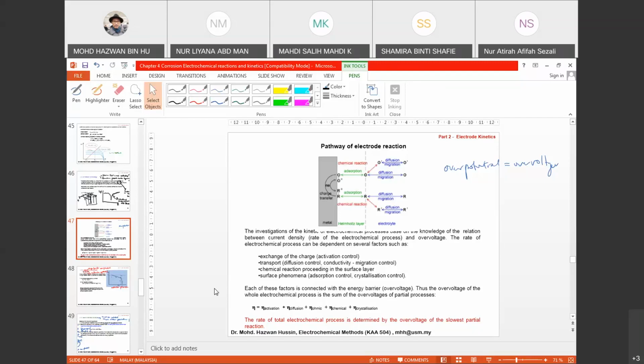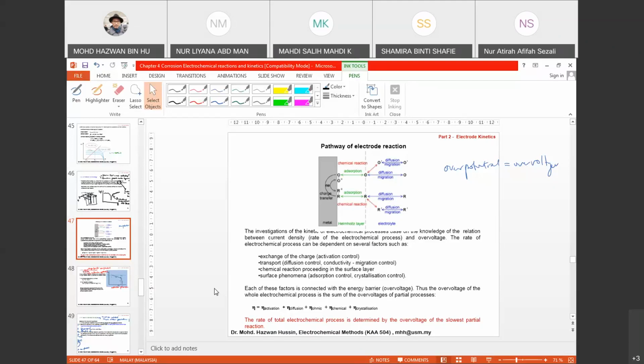For example, when you have the exchange current, this is due to the activation control, mass transport process, chemical reaction that proceeds in the surface layer, and also surface phenomena due to adsorption control, crystallization control, etc. So these are some of the parameters that can affect your overall electrode reaction.